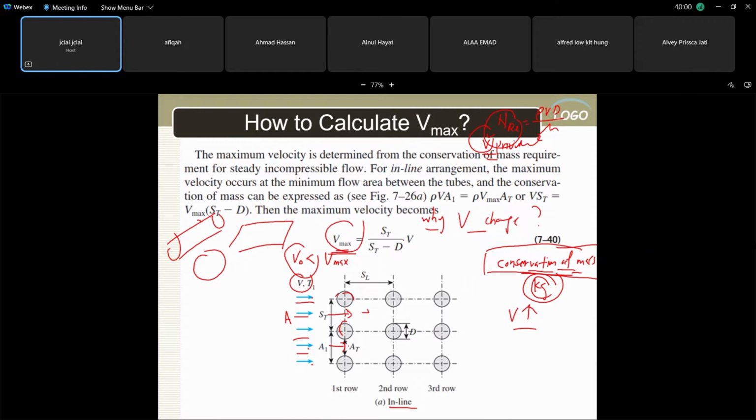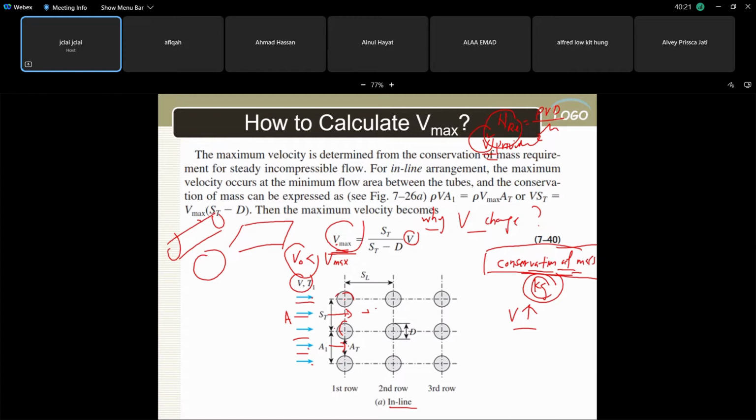How does this formula come about? You see, this is the initial V, right? This is the Vmax, and this is a ratio. What is the ratio? ST, right? ST is this. ST minus D. This is D, right?